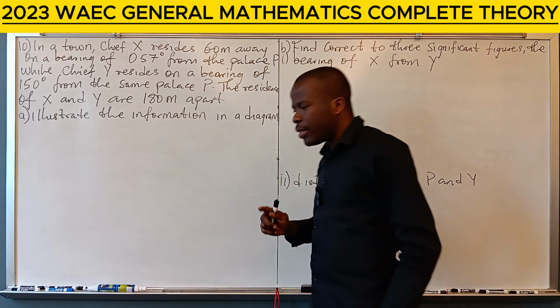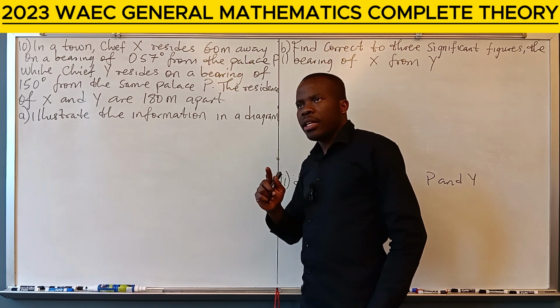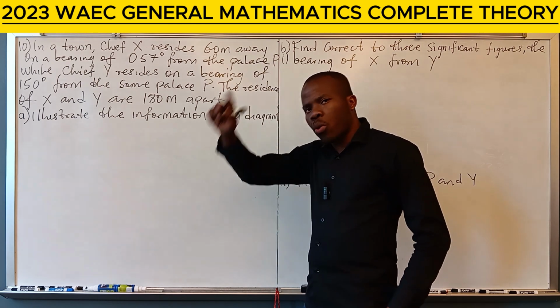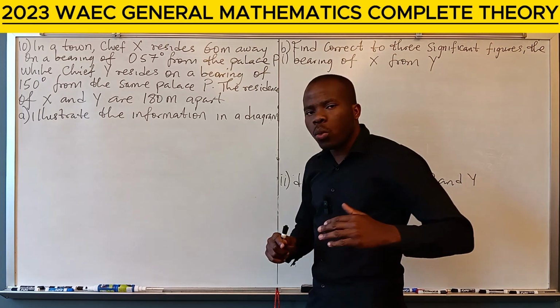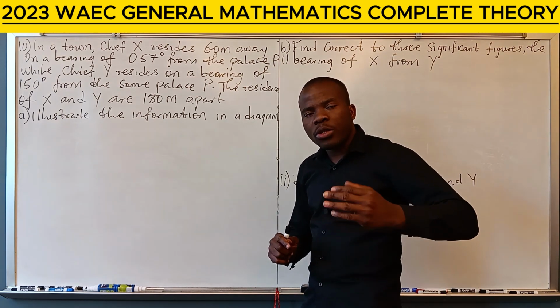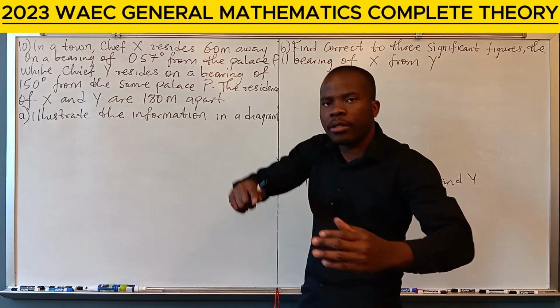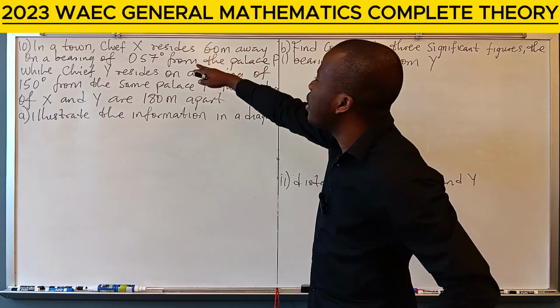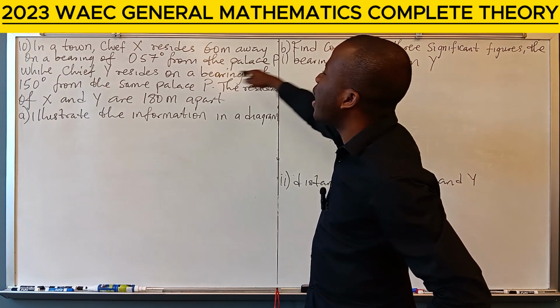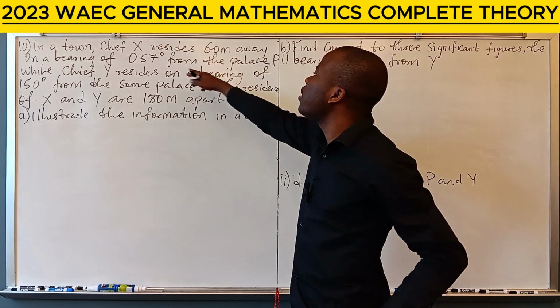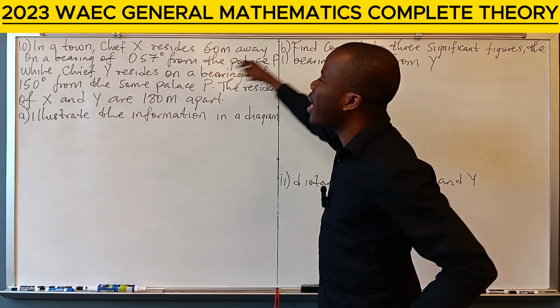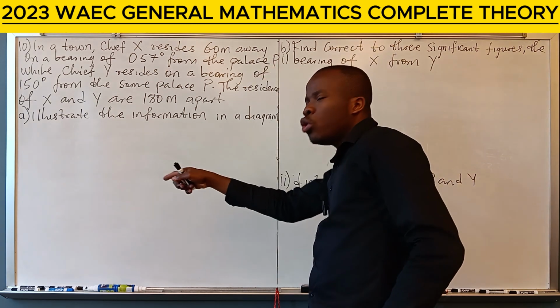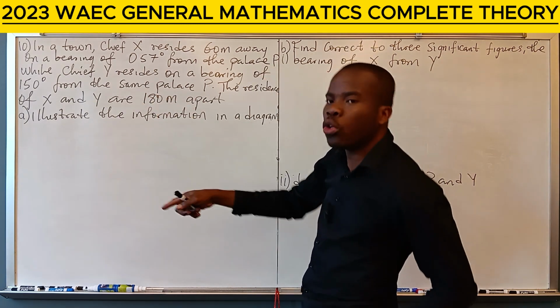Take note that first, we measure bearing from the North Pole. And second thing I want you to note is, anytime you see the word from, that is where you are taking the measurement. So, for instance, Chief X is 60 meters away on a bearing of 57 degrees from the palace. So we are going to start with the palace P and draw 57 degrees from the North Pole.